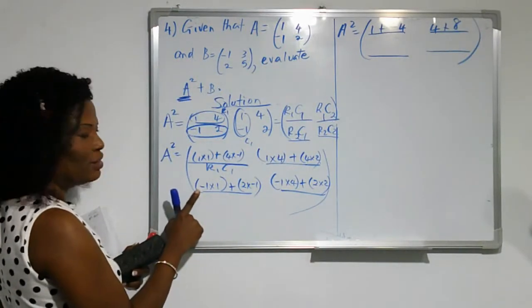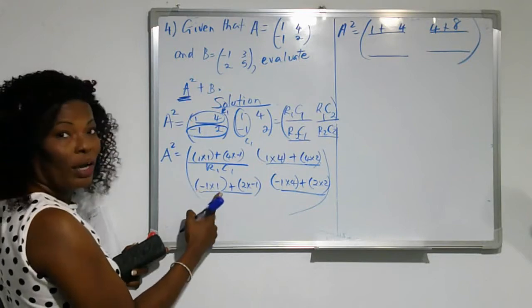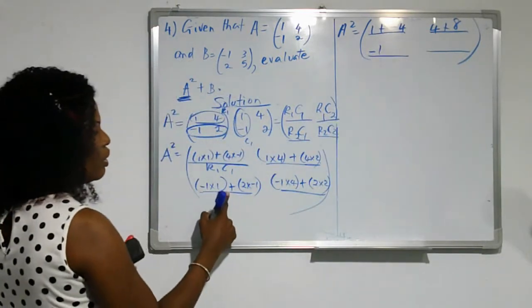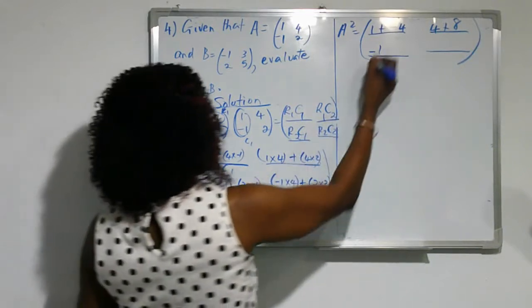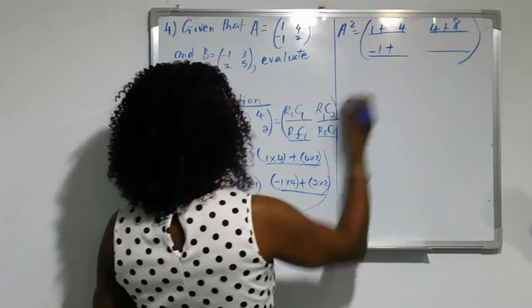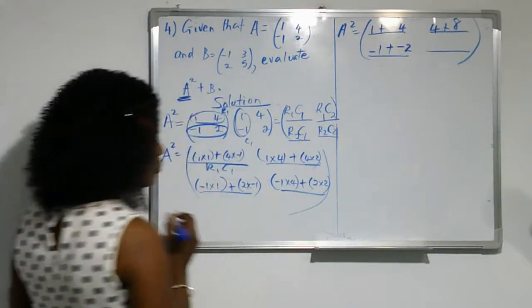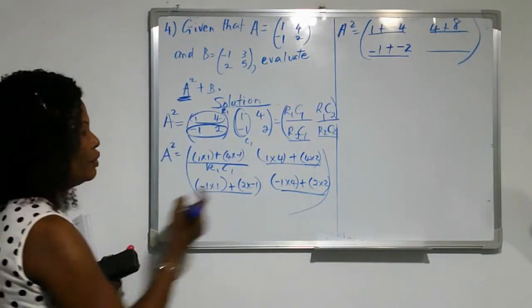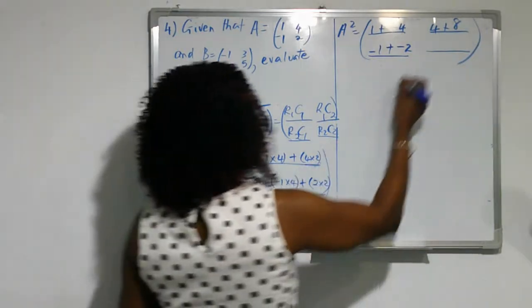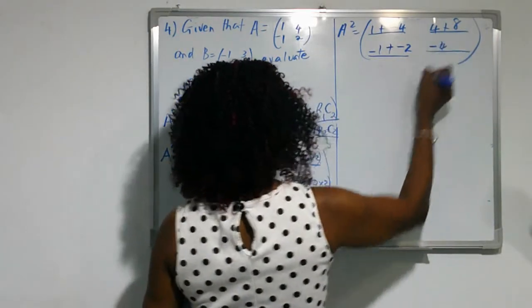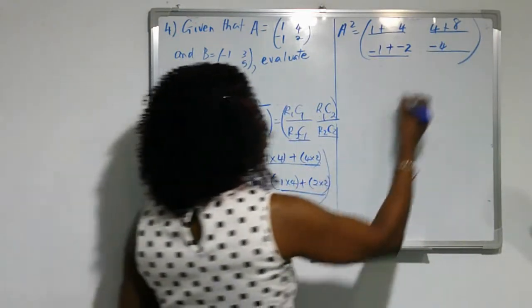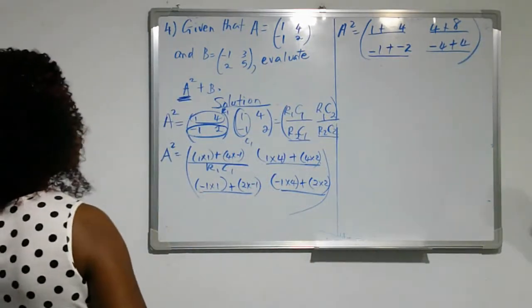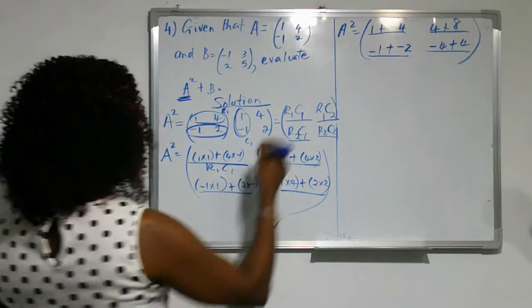Negative 1 times 1 is negative 1, and 2 times negative 1 is negative 2. Get that so far? Negative 1 times 4 is negative 4, plus 2 times 2 is 4. So what's our final answer?